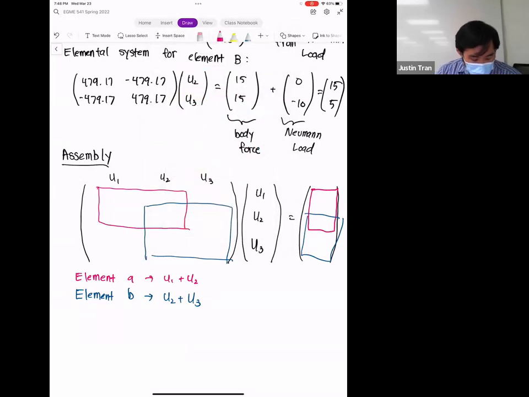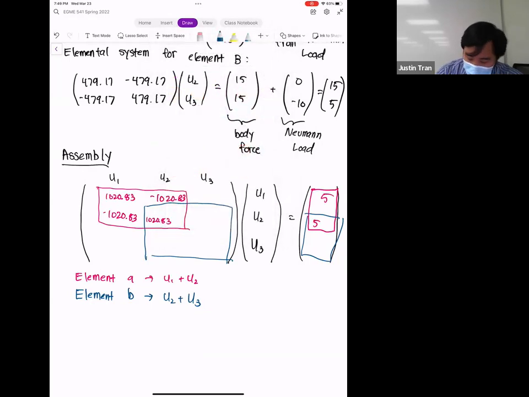All right, so this is familiar. I'm going to go ahead and evaluate these. And so we have a 1020.83, minus 1020.83, minus 1020.83, and the positive 1020.83. And then on the right, we have a 5 and a 5.